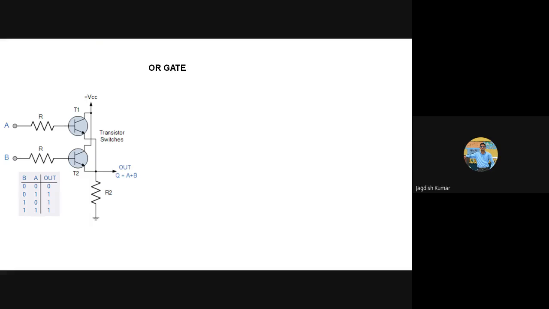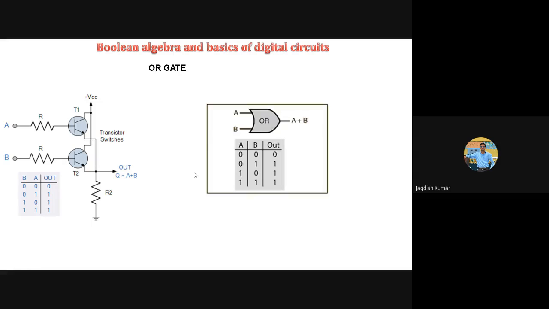Then next is the OR gate, and the Boolean expression for the OR gate is A or B, A plus B, that is how we write it.